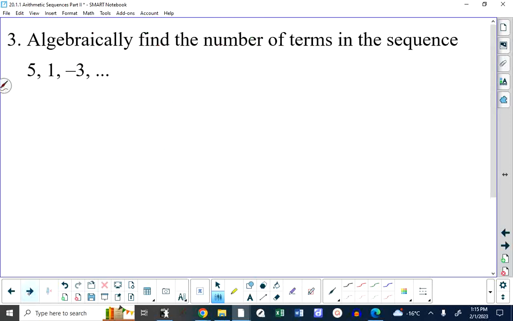All right. Algebraically find the number of terms in this sequence, and I'm missing something here. I can tell I'm missing something. Negative 139. I would like everybody to think very carefully about what I'm about to say. This question is asking us to do the exact same thing as the previous question.